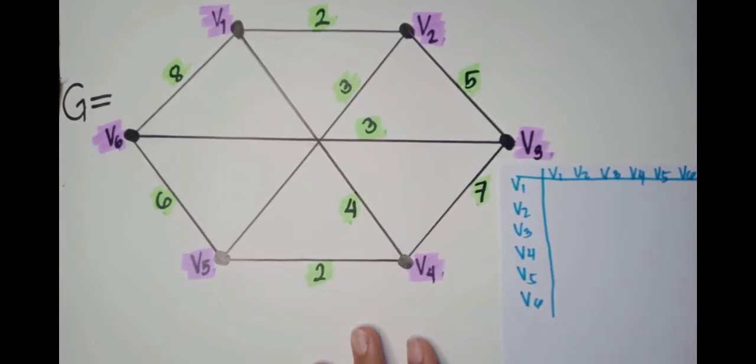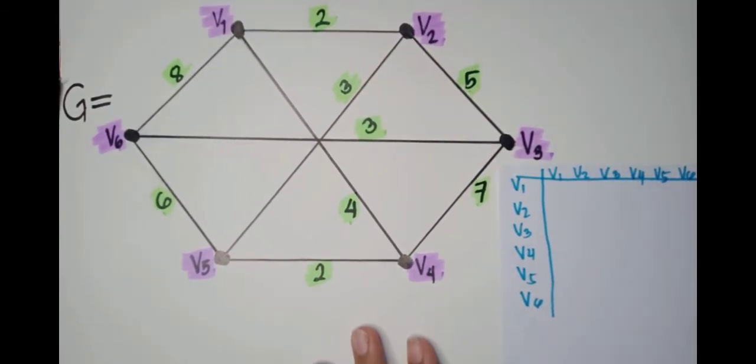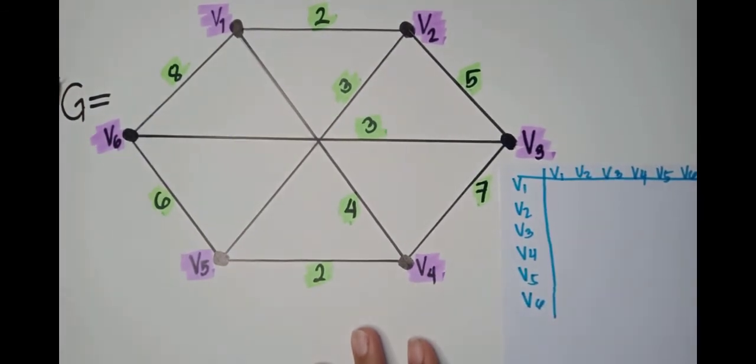So first, we're going to determine the weights of the edges that connect to the vertex. So V1 to V1 is 0 because it is not connected to itself. So we're going to put 0.